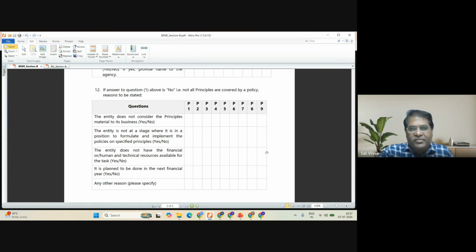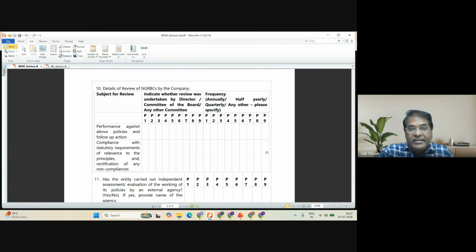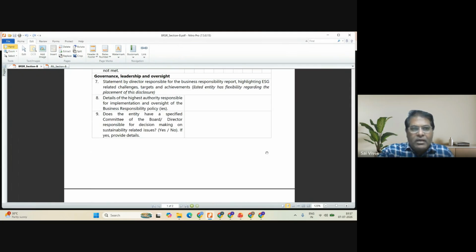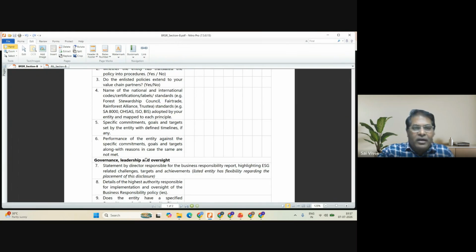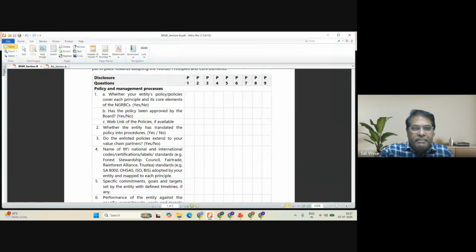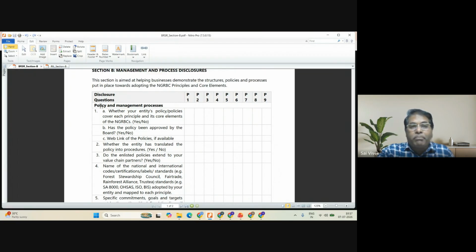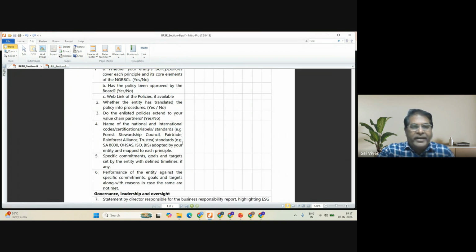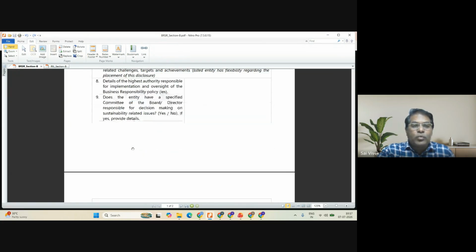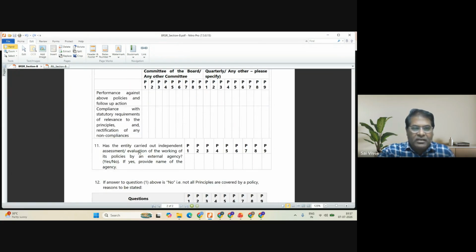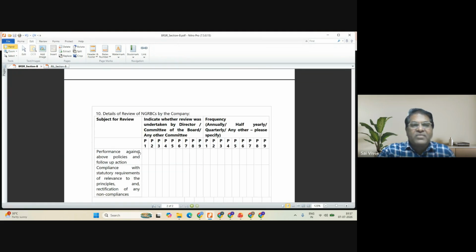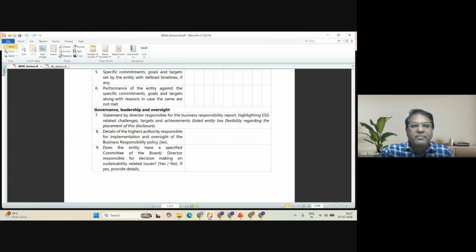I'll just call them serial numbers for clarity and brevity. We can see that serial numbers 1 to 6 are all about policy and management processes, whereas serial numbers 7 to 12 are about governance, leadership, and oversight.